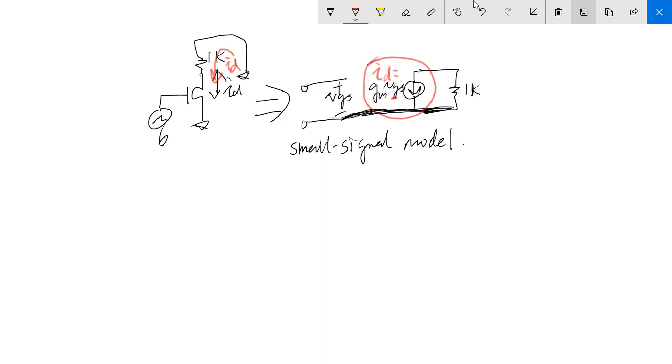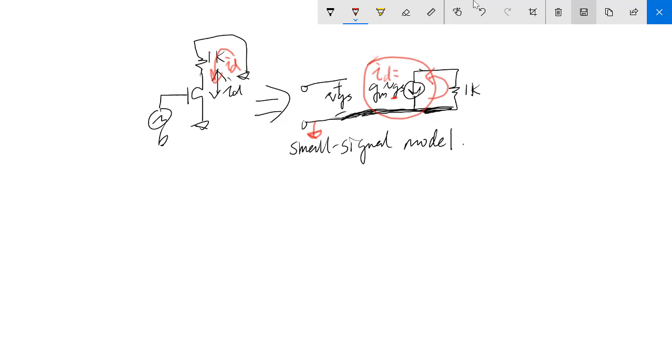Because the resistor is being shorted to the ground, we can't directly connect to the ground. So you can imagine that if we ground over here, this is the equivalent circuit of this one, because the resistor is being connected to the ground, and here's a current source. It's going this way, right?